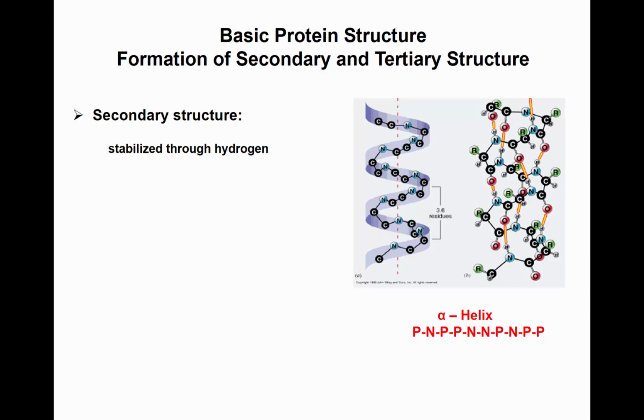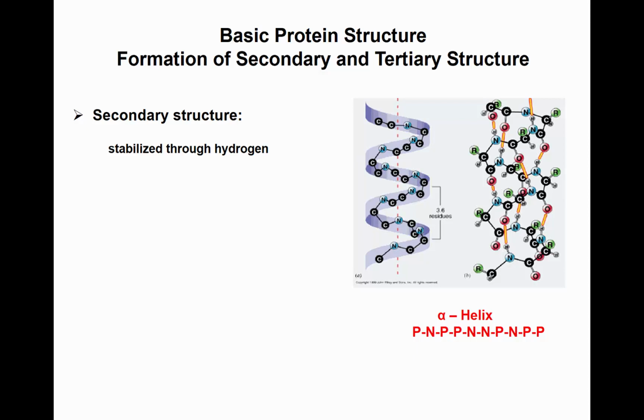And you have two main forms of secondary structure. You have the alpha helix, which is usually formed, you don't need to know this by heart, but just FYI, when you have this kind of sequence: polar, nonpolar, followed by two polars, followed by two nonpolars, and so on.